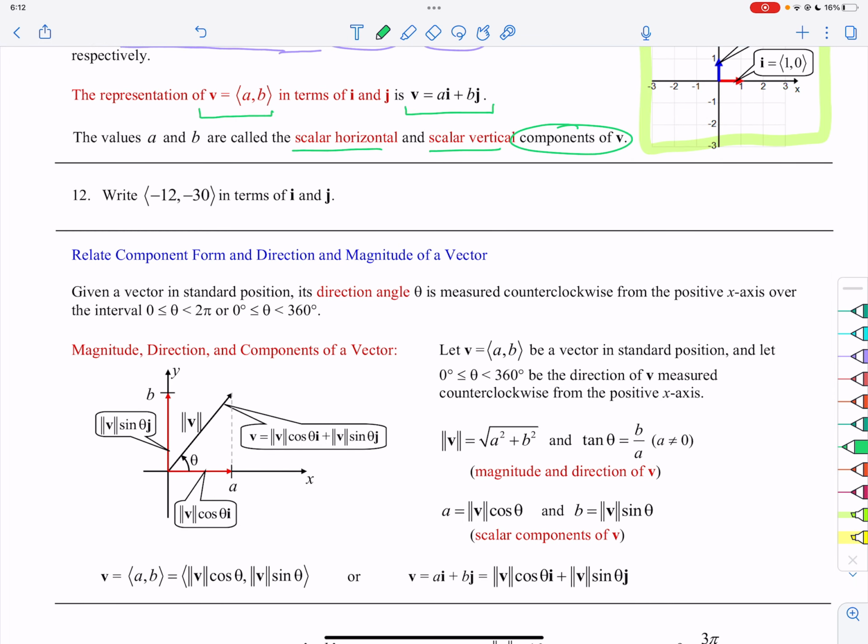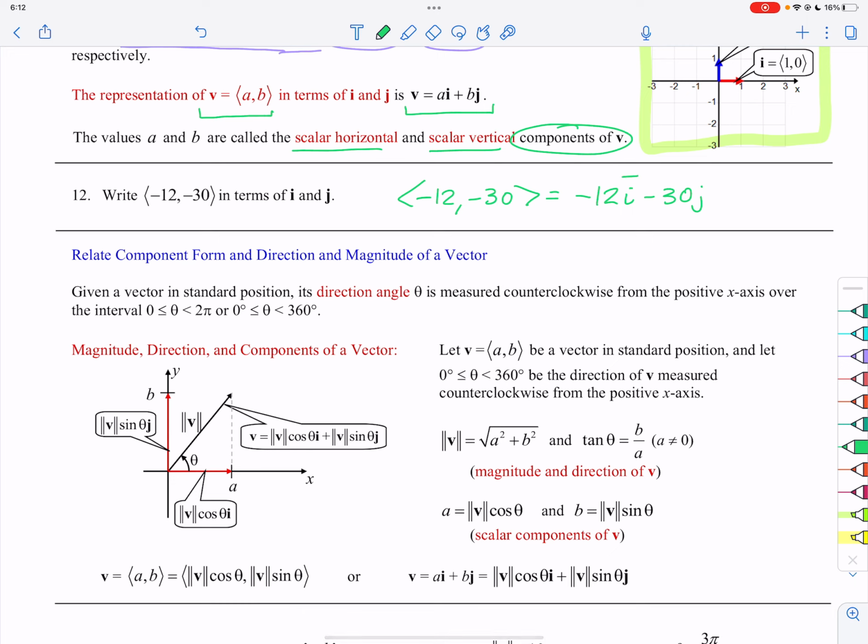So let's try to write vector v, negative 12, negative 30, in terms of i and j. And that is going to be equal to negative 12i minus 30j.